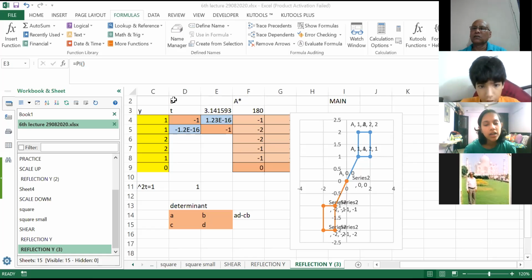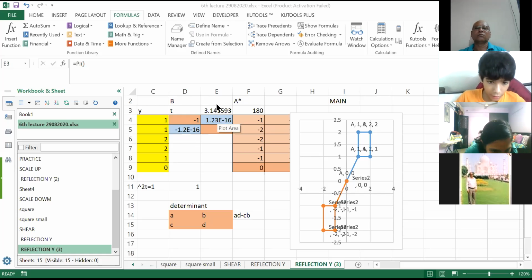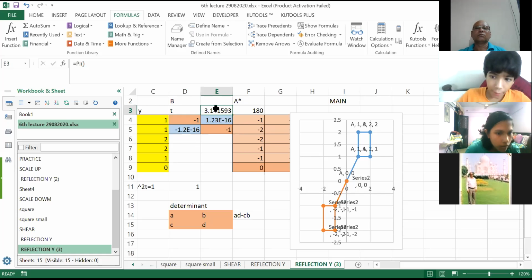Sir, I am not getting reflection. We are doing rotation, not reflection. No sir, in rotation you said I could get a reflection when I enter the pi value.